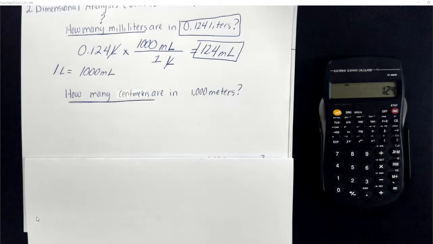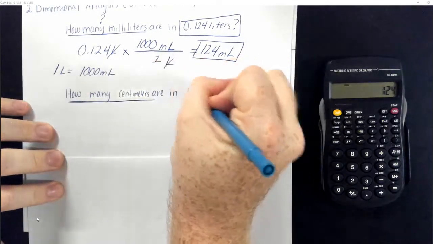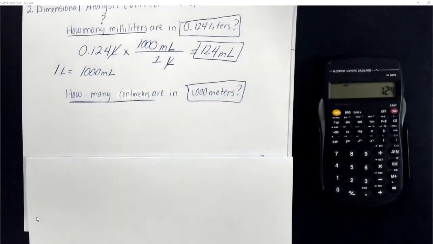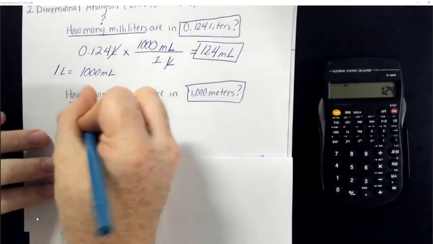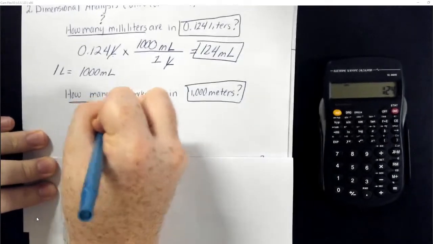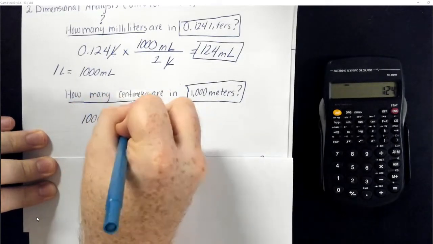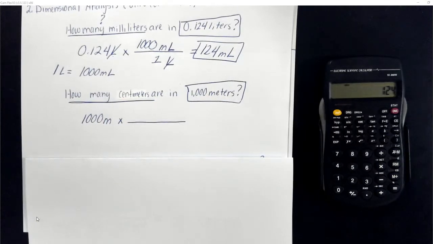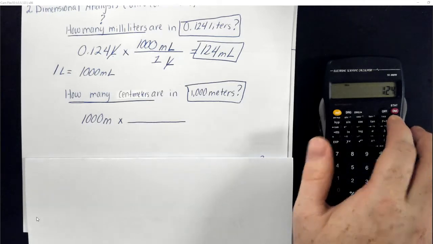It gave us 1,000 meters. That's what we're going to start with. Whenever I'm doing a conversion factor, a unit conversion, I have to multiply by conversion factor, and I'm going to abbreviate meters as small m. That's totally allowed.